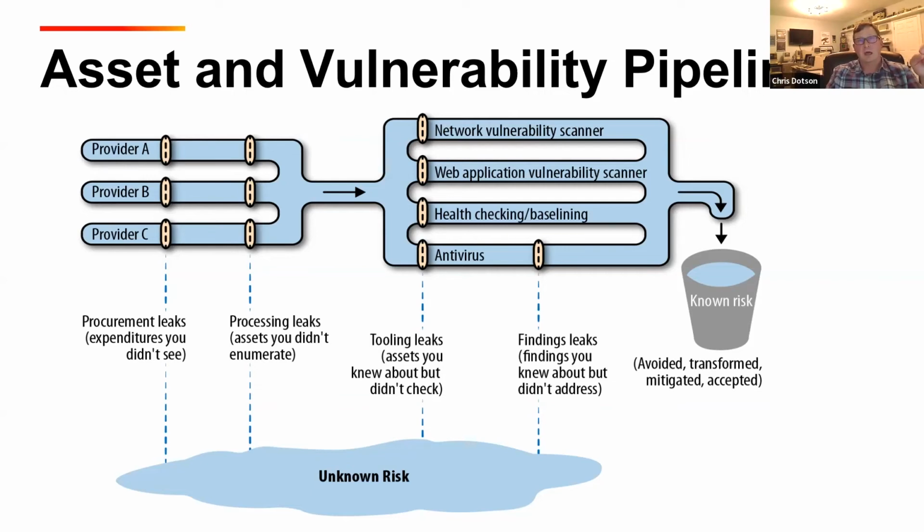And then the final place where a lot of times there are very large leaks is when you have a finding and then you ignore it. Now, look, it's okay to consciously accept the risk and decide not to fix something. That goes into the known risk bucket. What's not okay is if you have a leak in the process, one of your tools is spitting out findings and you're just not looking at those at all.